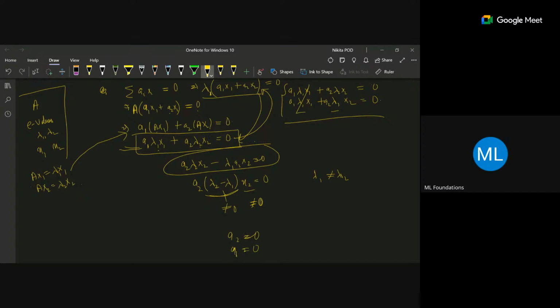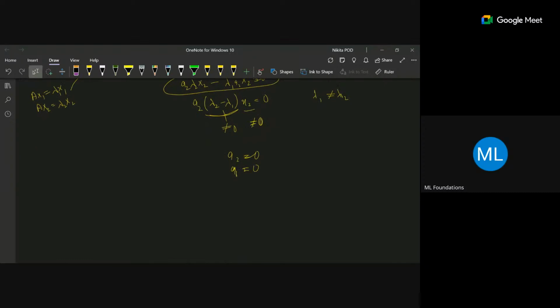So what we started with is a1 x1 plus a2 x2 equals 0, and since we wanted to prove that the set x1, x2 is linearly independent, a1 and a2 should come out to be 0. This is what we proved.